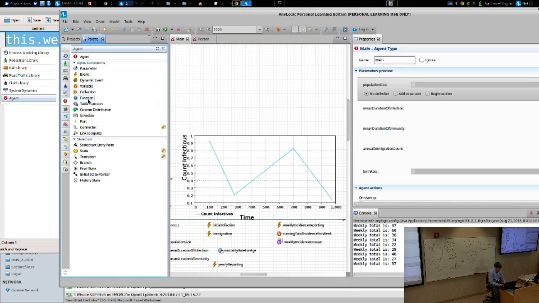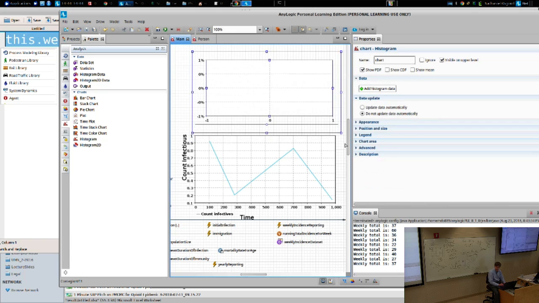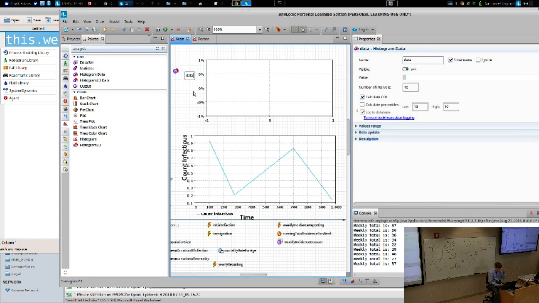Ladies and gentlemen, I'd like you to add from the analysis palette a histogram. Ladies and gentlemen, a histogram. And I'd like you to add a histogram data object similarly.